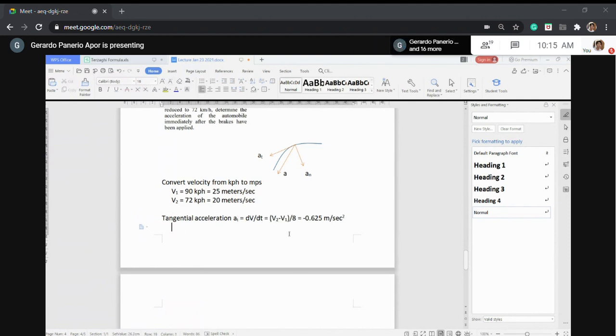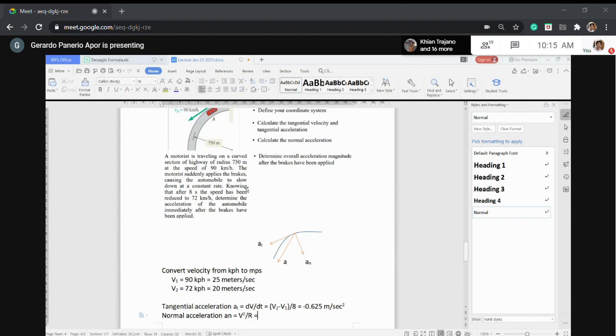Now, normal acceleration is the one responsible for making the car turn. a_n is equal to v squared over rho. But which v are we going to use? The problem says determine the acceleration of the automobile immediately after the brake.